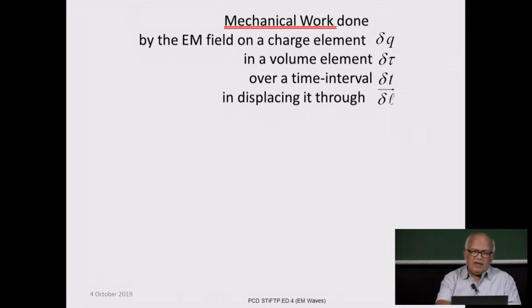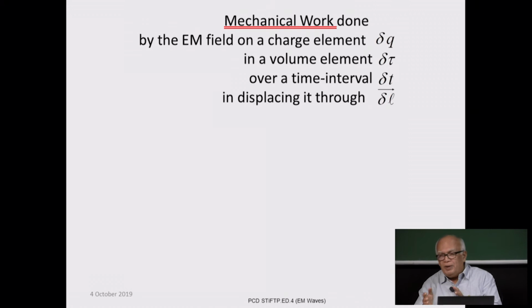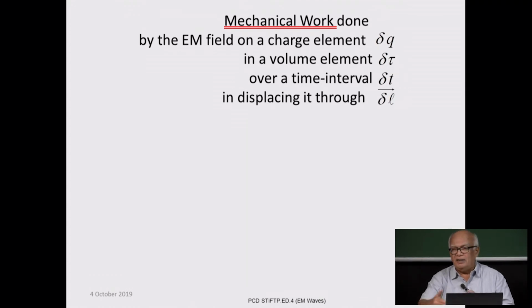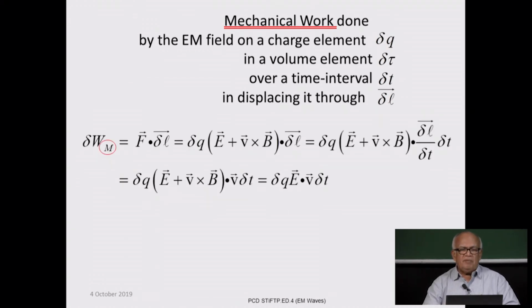So, what is the mechanical work done by the electromagnetic field on a charge element delta q, in a volume element delta tau, over a time interval delta t, in displacing it through a displacement vector delta L? This is the mechanical work that we will now investigate. So, this will be the work done by the electromagnetic field. It is force times displacement, the dot product, right.